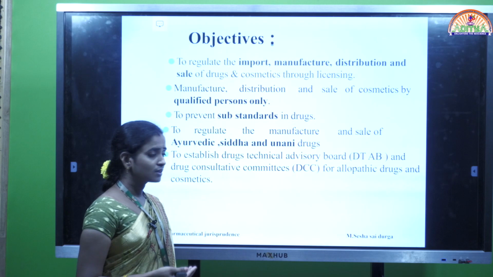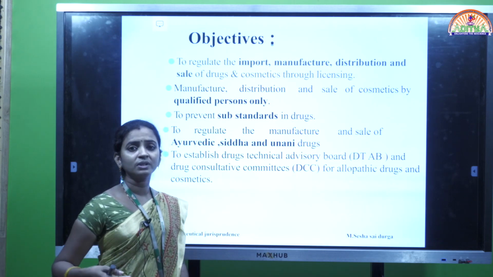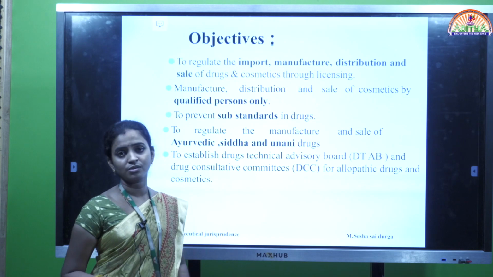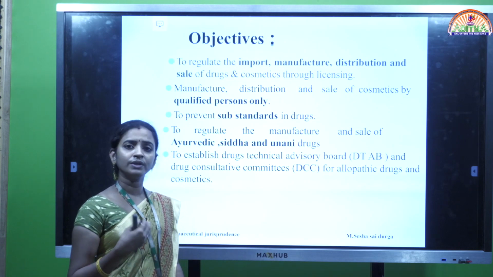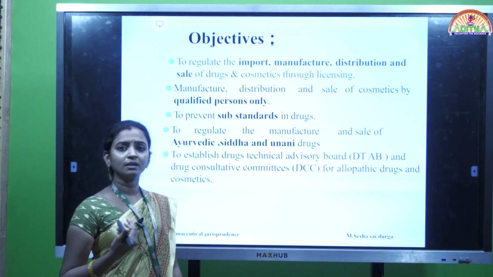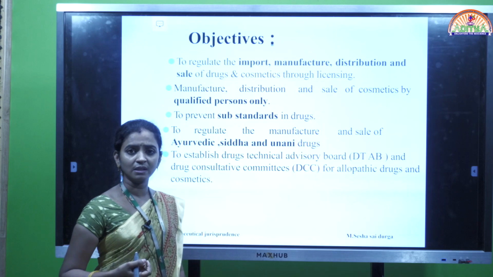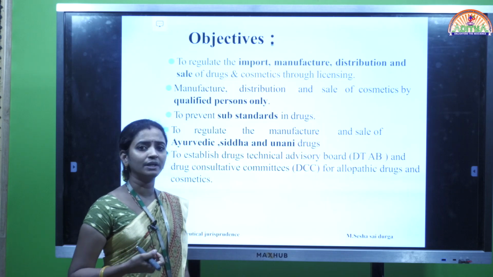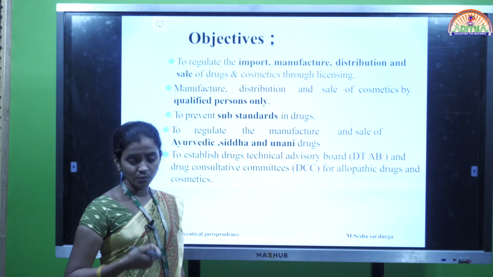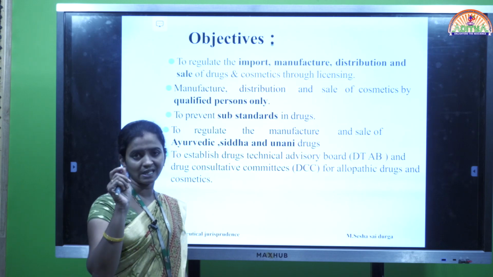What we discussed about 1940: before 1940 we didn't have any special manufacturing industries, so generally we used to import drugs from other foreign countries. When you are importing drugs like that, maybe we were receiving somewhat substandard quality drugs. The drugs we were importing may not be up to the standard.